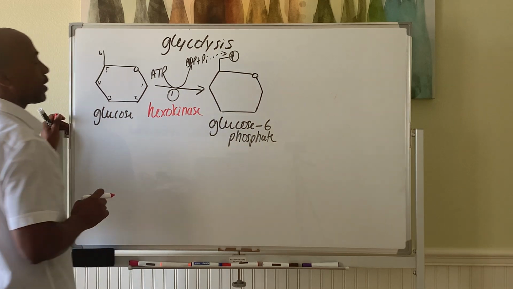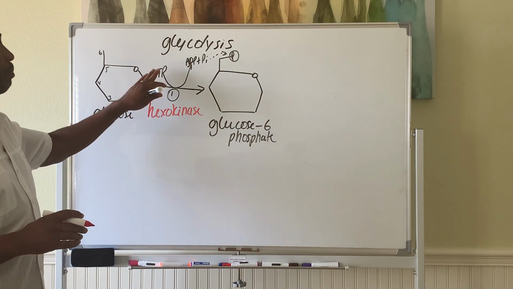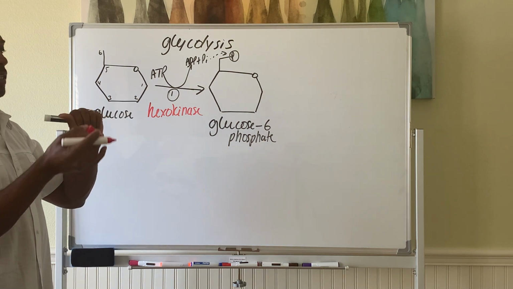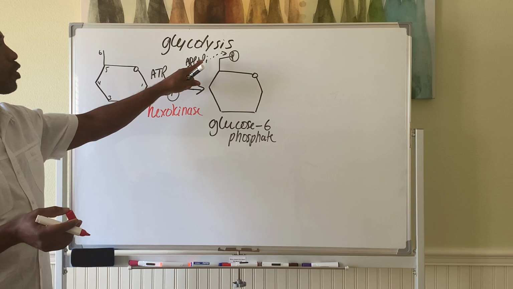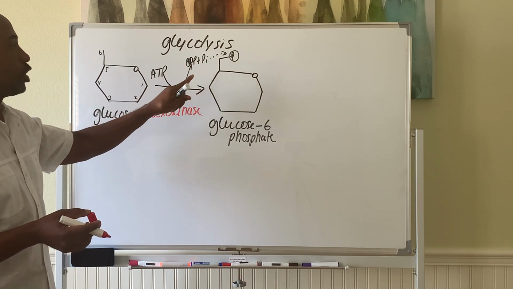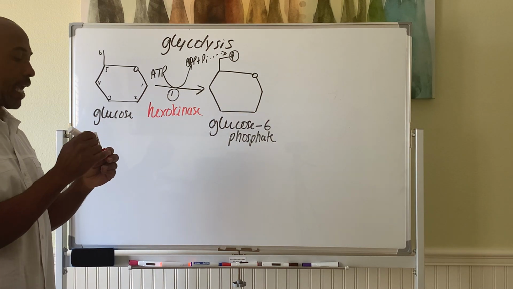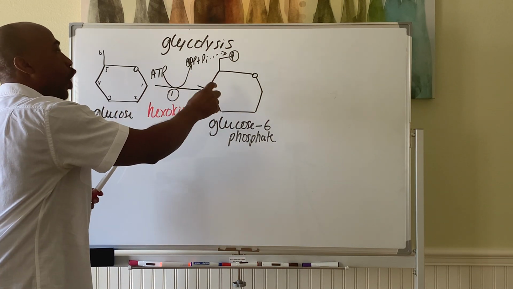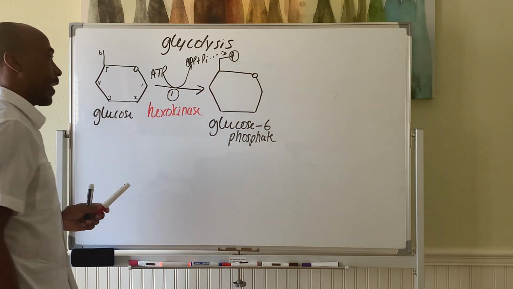So reaction 1 is catalyzed by hexokinase. It involves taking ATP, breaking it down to ADP and Pi, and using that Pi to attach to glucose, meaning you phosphorylate glucose. And now once glucose is tagged like this, it can no longer leave the cell. So now it's trapped in the cell by being phosphorylated.